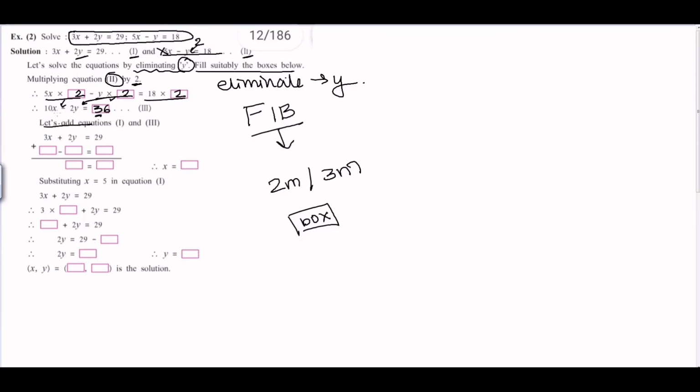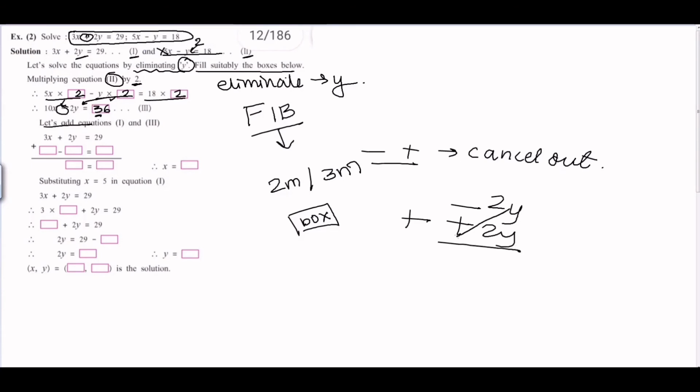Now we are going to add equation 1 and equation 3, which we have just formed, so that y will be eliminated. So plus and minus will get cancelled out and we will be eliminating y. So minus 2y and plus 2y, when we add, will cancel.